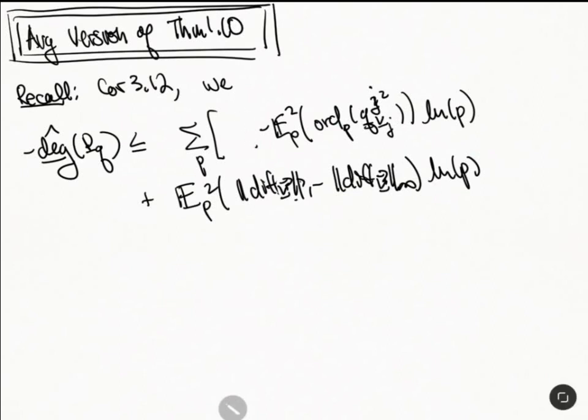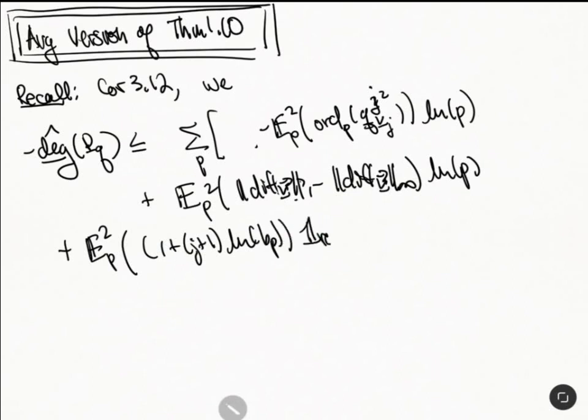What other terms do we have? We had this term, which can be improved a lot: 1 plus j plus 1 natural log of bp, one ramification.